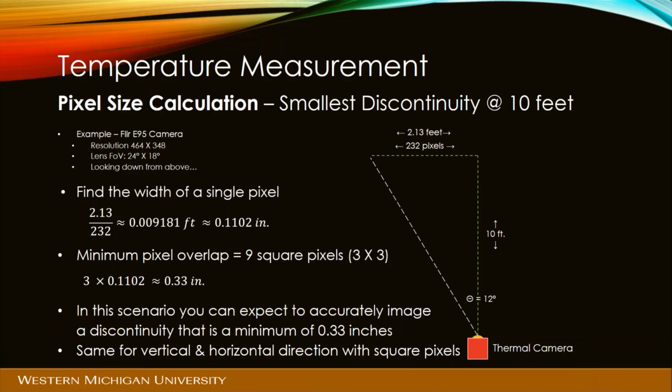Anything smaller than that, what do I have to do? Move closer. Right? So if my minimum flaw size that fails the part is 0.25 inches, what do I have to do? If I have to find something that's 0.25 inches or larger, what would I have to do?